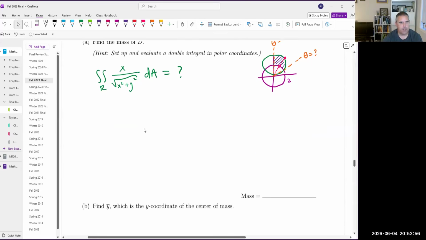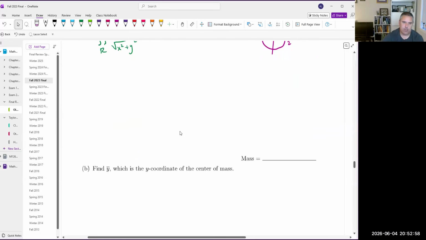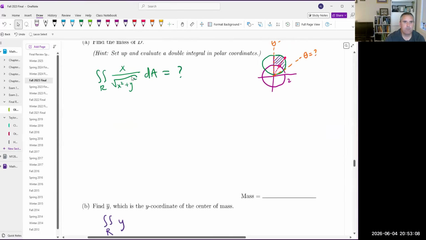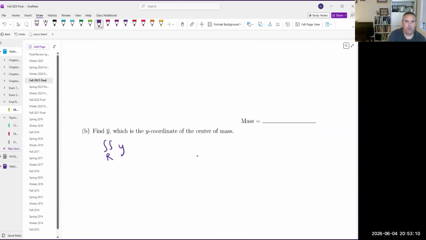So most of your time in these problems is spent doing this. For this one, you'll have one additional computation. You'll do the double integral of y times this, x over this. And then when you're done computing this, you'll do this number divided by that number.